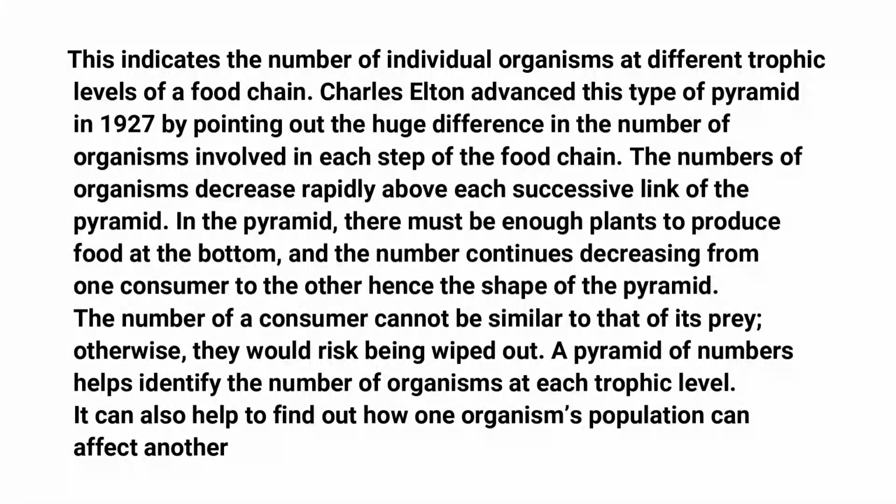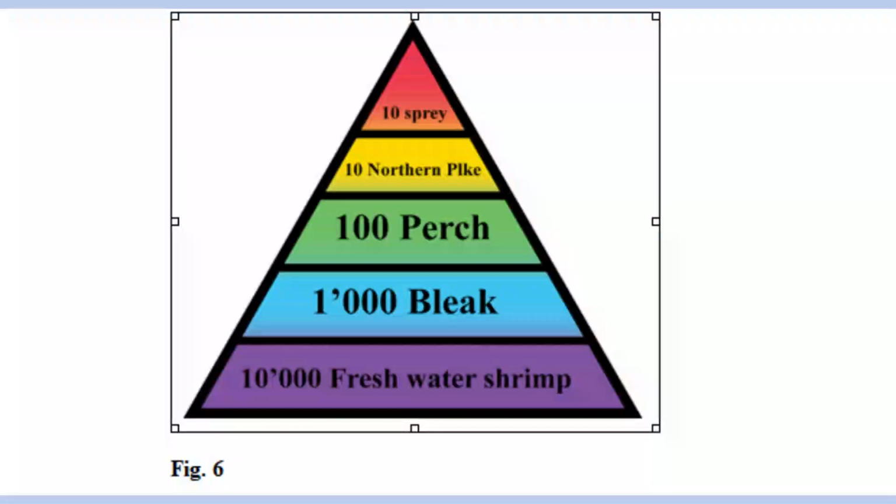The number of a consumer cannot be similar to that of its prey, otherwise they will risk being wiped out. A pyramid of numbers helps identify the number of organisms at each trophic level. It can also help to find out how one organism's population can affect another. Look at the pyramid of number.